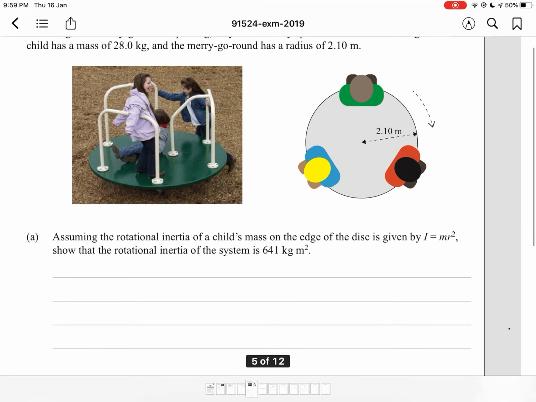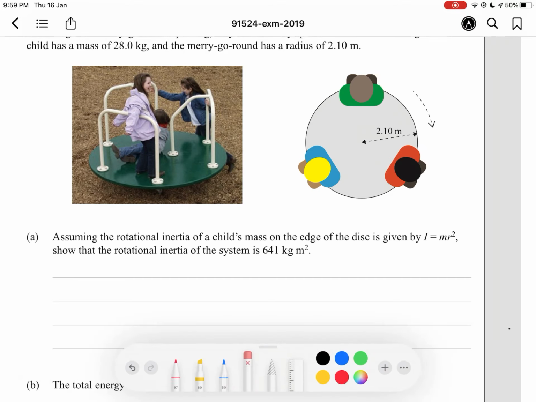Question A. Assuming the rotational inertia of a child's mass on the edge of the disc is given by I equals mr squared, show that the rotational inertia of the system is 641 kilogram meters squared.